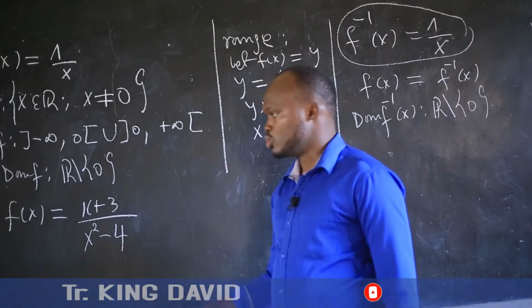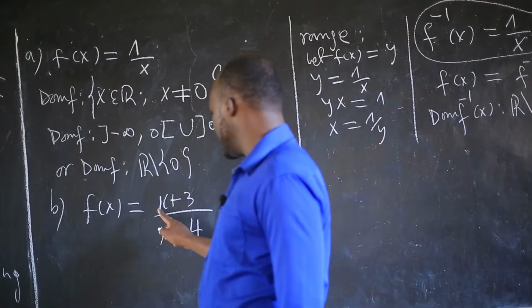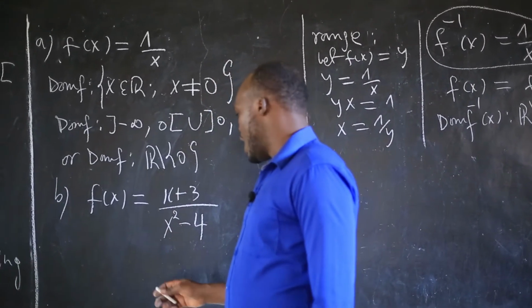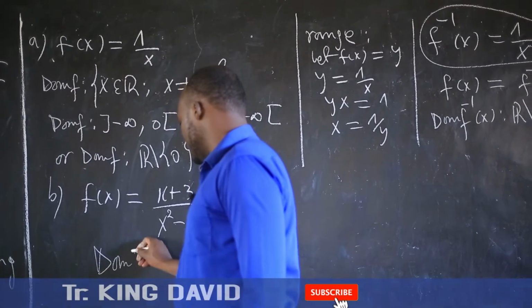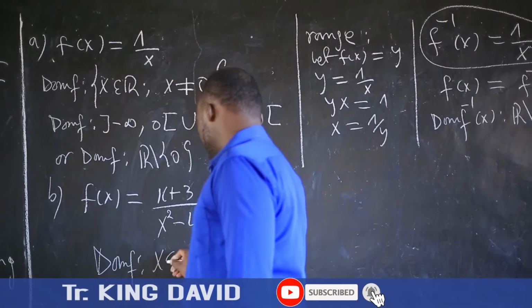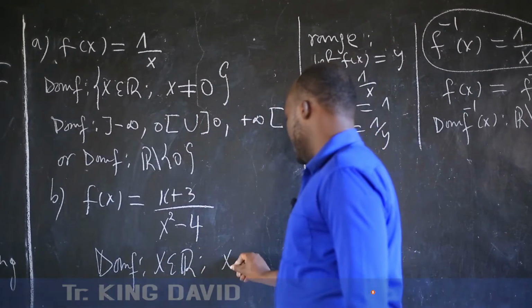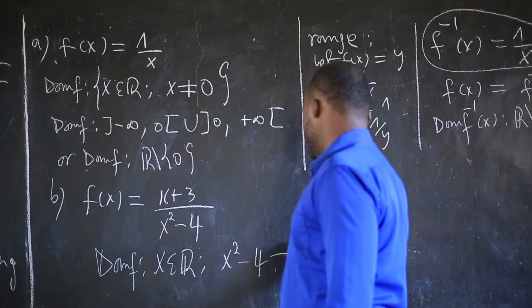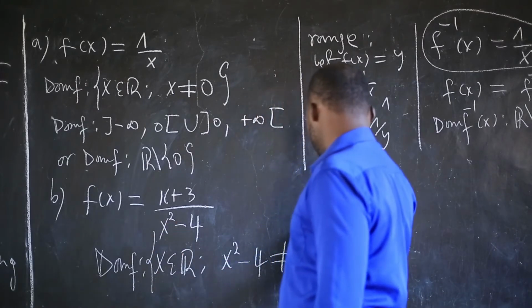So let's go here to B. Our f of x here is x plus 3 over x squared minus 4. How can we find the domain? For dom f, we have to say x is a member of the real numbers such that x squared minus 4 should be different from 0. This is a condition.